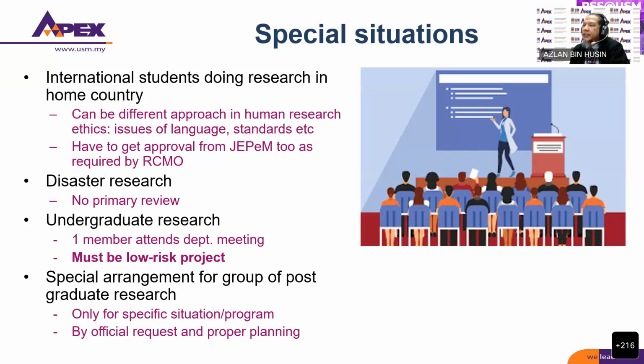We also entertain case by case. If your school thinks you need this approach, then please contact Encik Azlan, and then we will try to work it up accordingly.